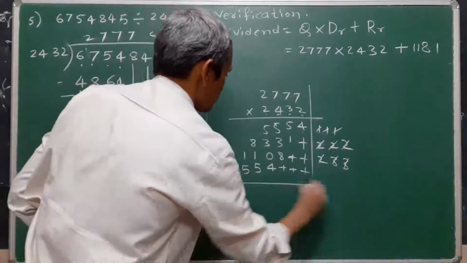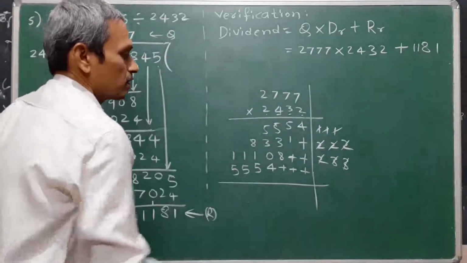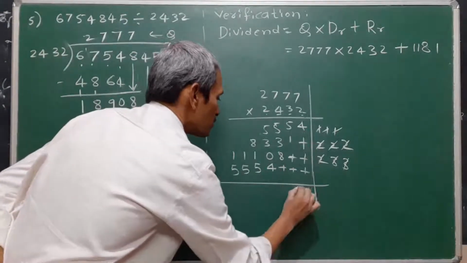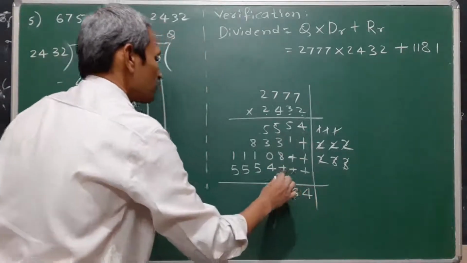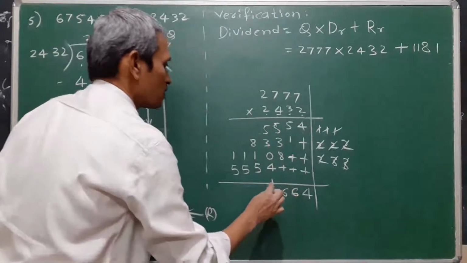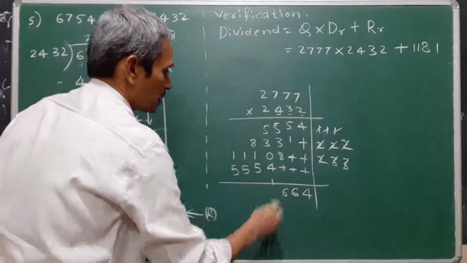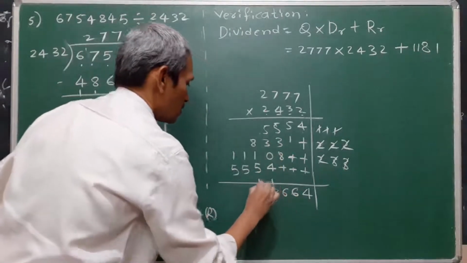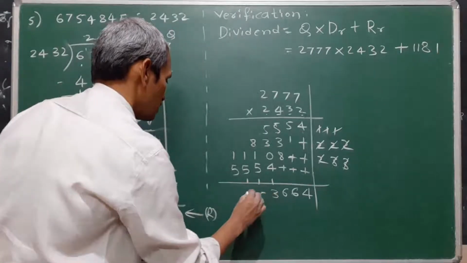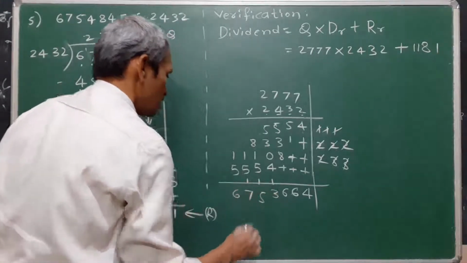Now we will add these 4 results. 4, 6, this is 8 plus 8, 16, this is 5 plus 3, 8, 8 plus 4, 12, and 13, this one is 15, this one is 7, 6.